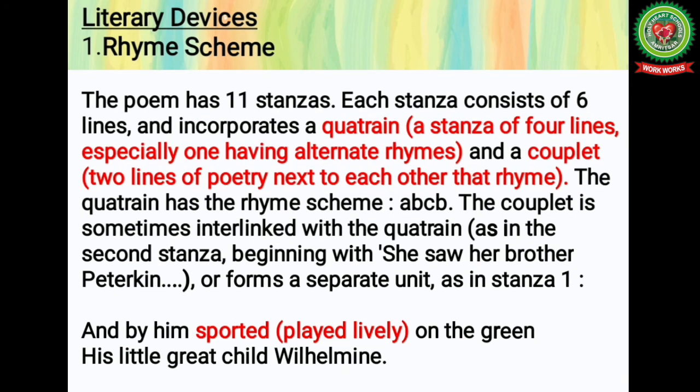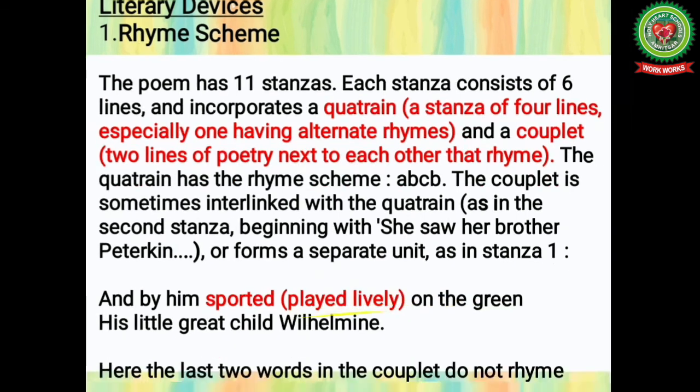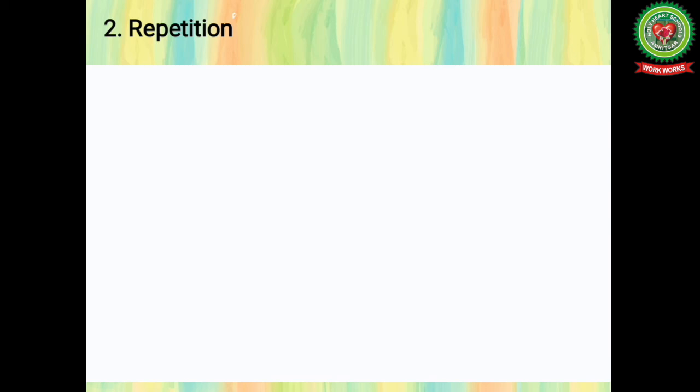But in the second stanza, the end rhyme is A, B, C, B, B, B. Now students, basically the quatrain has the rhyme scheme A, B, C, B. The couplet is sometimes interlinked with the quatrain.